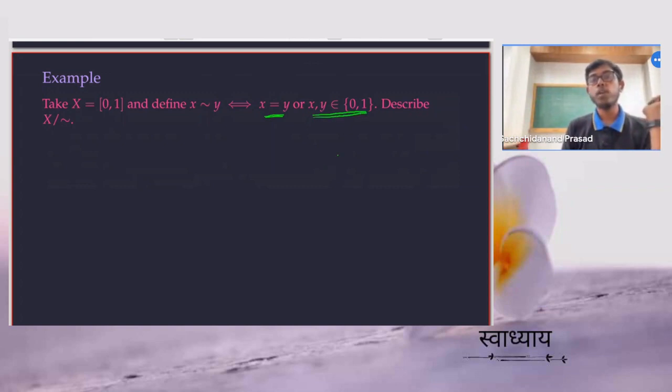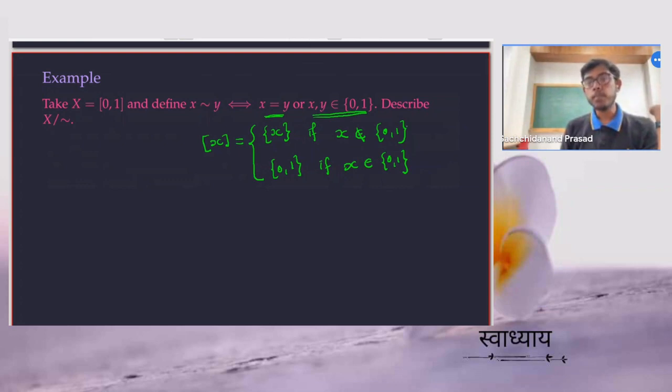So this means that we have two types of classes. The class of x contains only the singleton {x} if x does not belong to {0, 1}, and it equals {0, 1} if x belongs to {0, 1}.